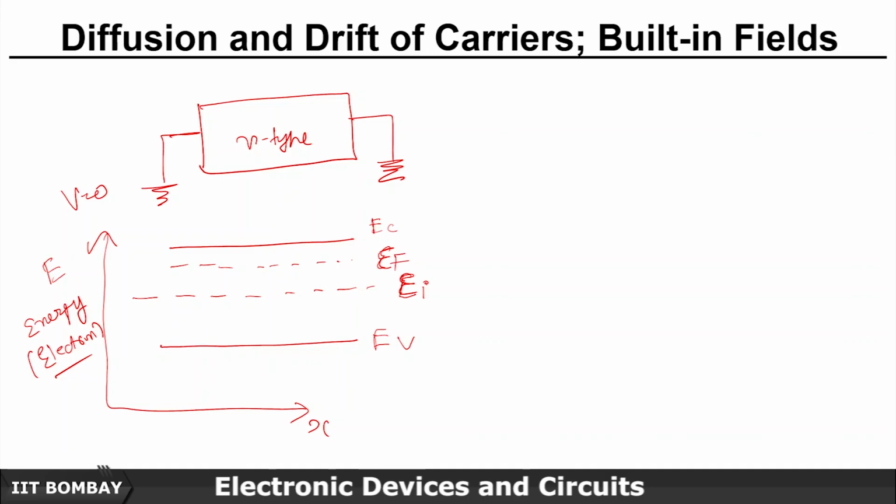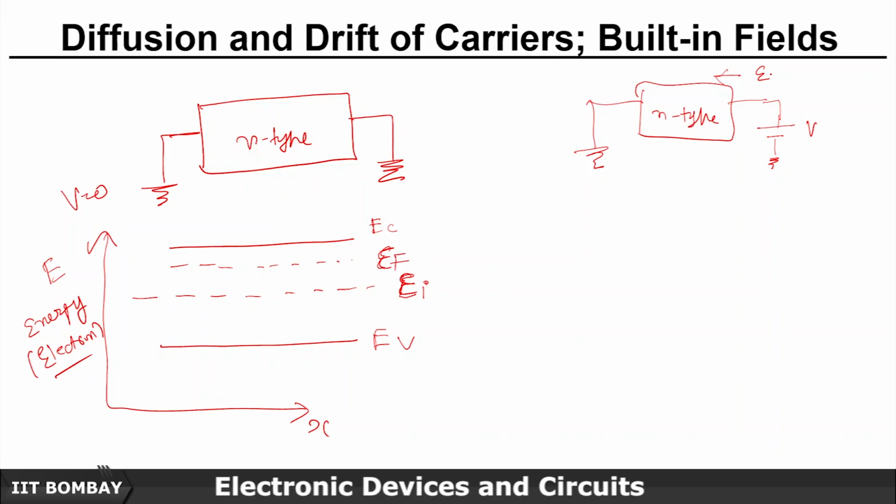Now, let's say for this semiconductor, we apply some potential. Everything is the same, the same N-type material, same dimensions, same concentration of everything. We just apply a battery V here. Because of that, the electric field is in this direction. Now, as I just discussed, electron energy will increase in the direction of the applied electric field.